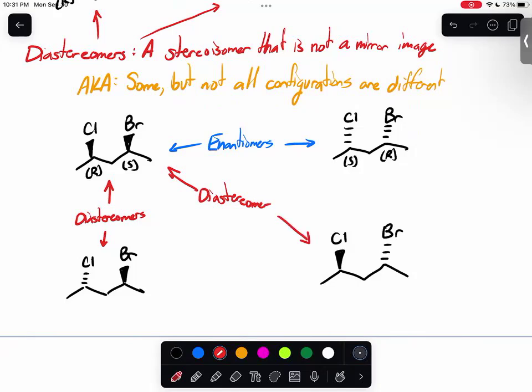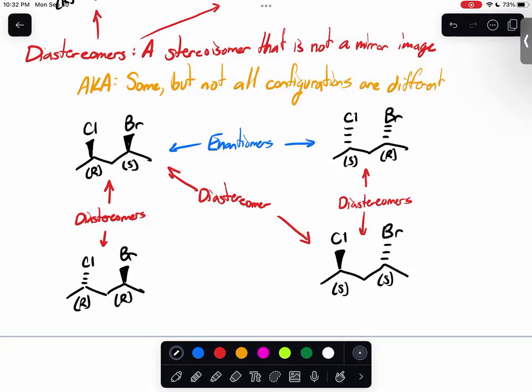And funny enough, the reason I set these up like this is because you'll notice that some more relationships start to form. For example, if we take a look at the right-hand side, the two things that we have drawn here are diastereomers, right? Because if we're labeling our configurations, this one down here is S and S, and looking up there, the chlorine is S, but the bromine is R. Wait, I did this.